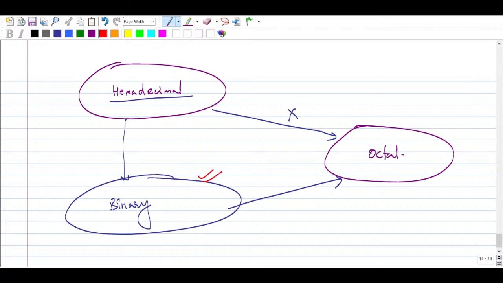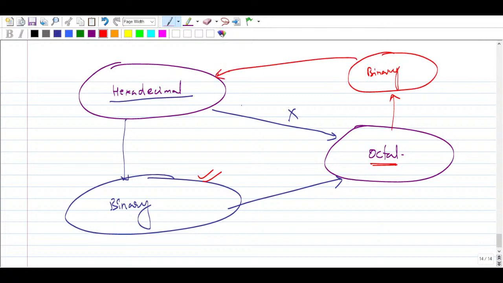So this is the graph which shows how we are going to convert hexadecimal to octal. And the same is applicable for octal to hexadecimal as well. So you can go from octal to the middle node here, that is binary.